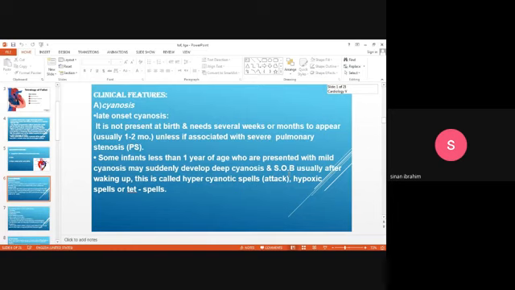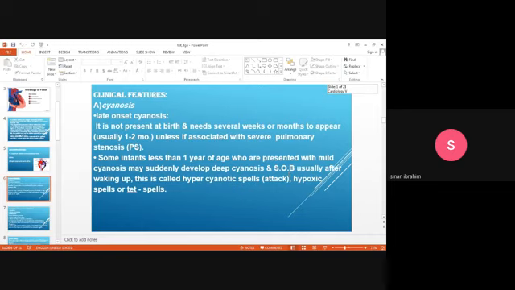They usually occur in the middle of infancy, around 3 months of age, with attacks of severe cyanosis, shortness of breath, irritability, and excessive crying.